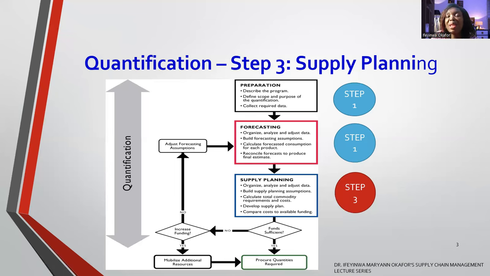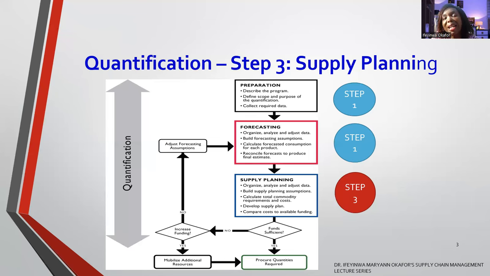And we said that during the preparatory phase of quantification, it is your duty as a program manager to assemble your quantification team, make them understand the purpose of the program, everything about the program, the extent of the quantification, the scope of the quantification.